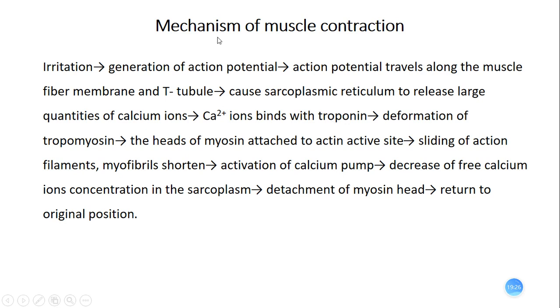Here we have the mechanism of muscle contraction overall. First we must have irritation. This irritation comes from the central nervous system, with generation of action potentials. The impulse reaches the neuromuscular junction, then an action potential is generated again and travels along the muscle fibers and the T-tubule.